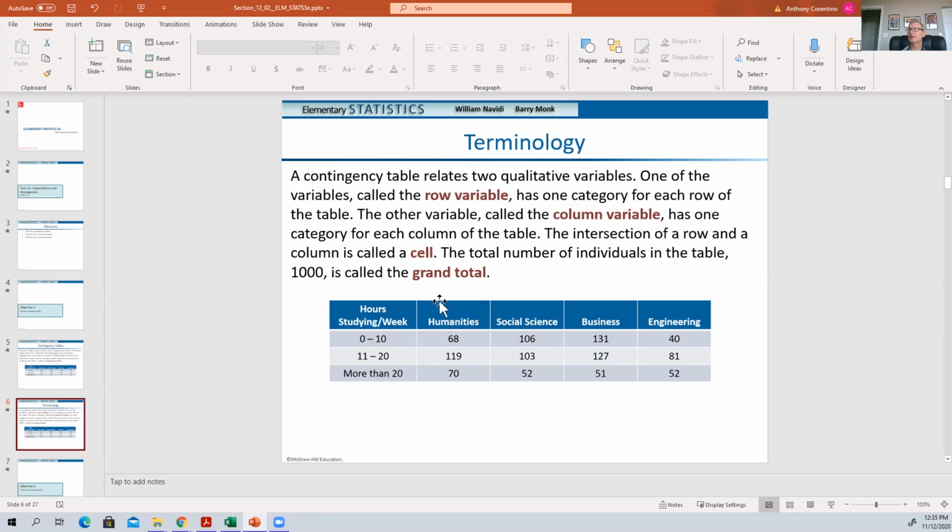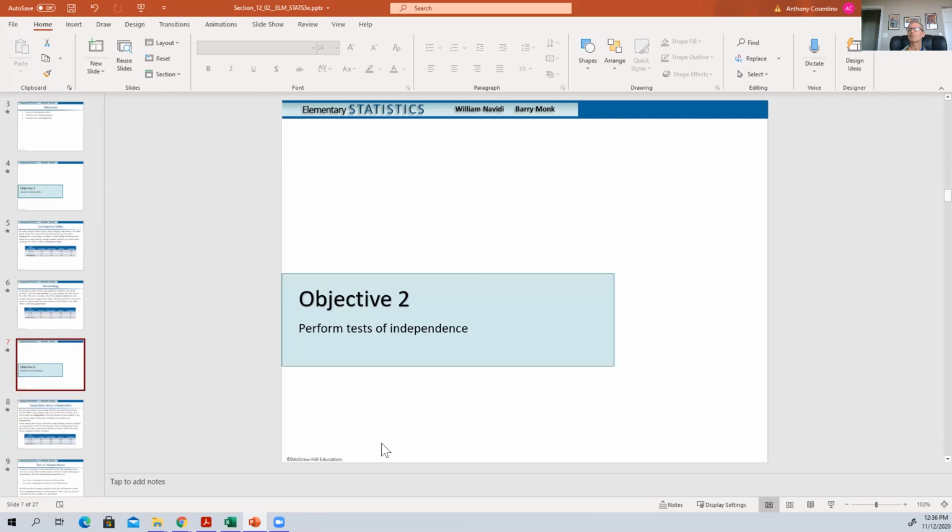One of the things we're going to need to do in this calculation is find the total of each row, the total of each column, and the grand total, which we are given here as 1,000. You can see where the spreadsheet will be really useful for organizing all this. We're going to use this example for the calculation I will show you how to do. But before we do that, let me set up the idea of what we need to do.